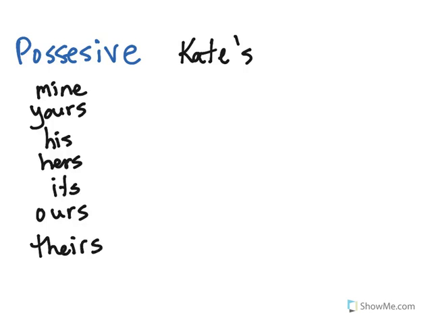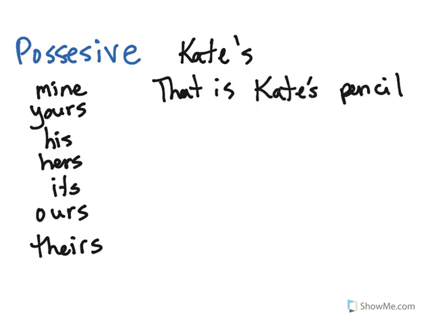And I would use them to replace a possessive noun and another noun. So, for example, if I said, that is Kate's pencil, then I would replace that with a possessive pronoun.